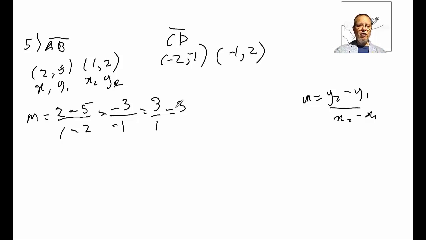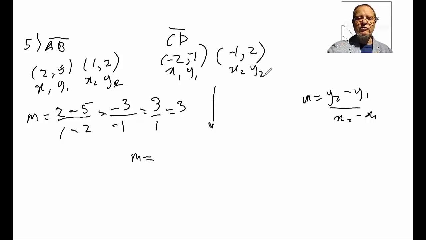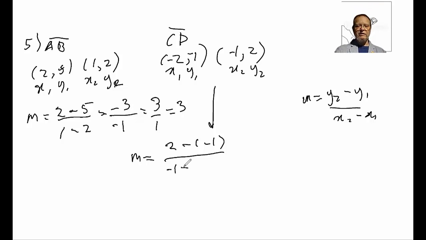Now for our other line segment, we do the same thing. We have m is equal to, and I'll label again x1, y1, x2, y2. So I have 2 minus 1, because I want to be very careful of my signing, and that's over x2, which is -1, minus x1, which is -2.